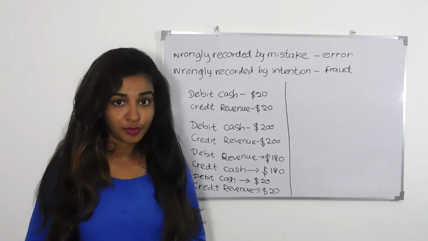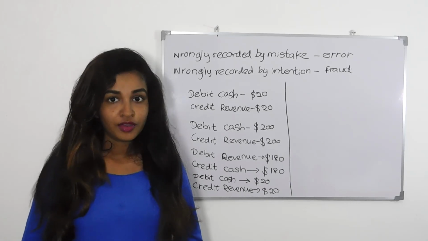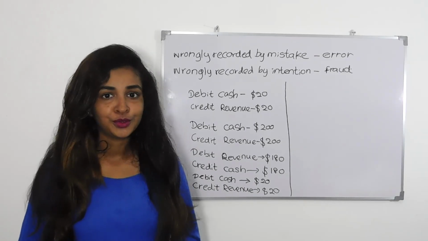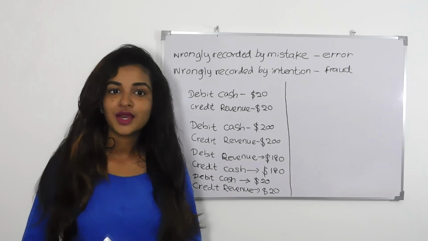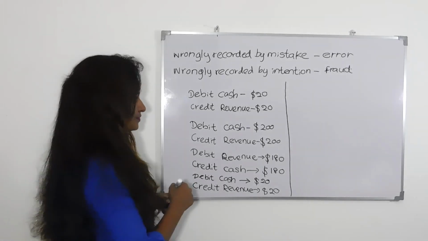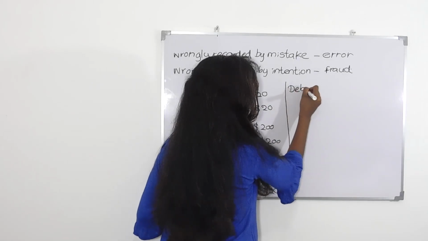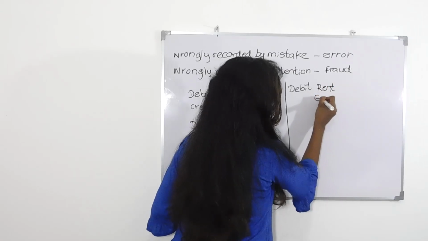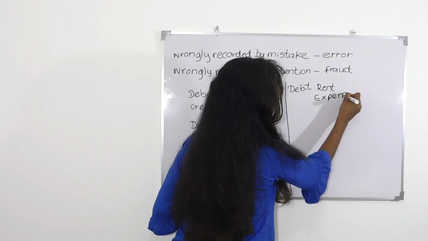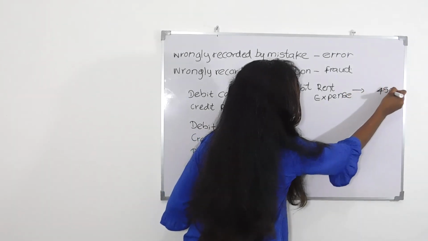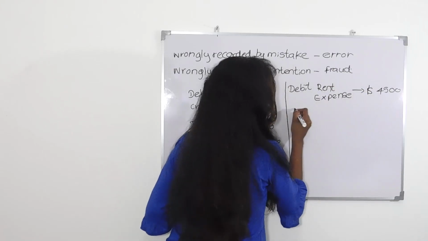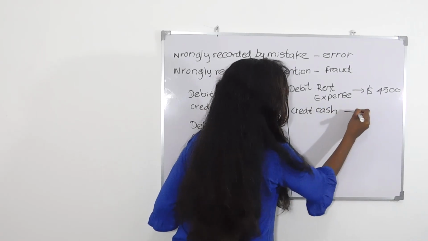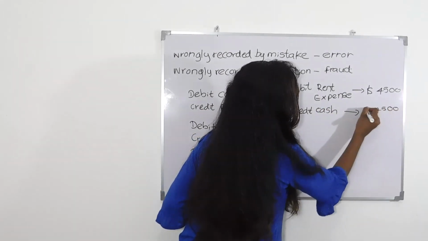So the first part of the information, stating the rent of $4,500 was paid in cash, is sufficient to tell the accountant to record the transaction correctly as debit rent expense $4,500, credit cash $4,500.